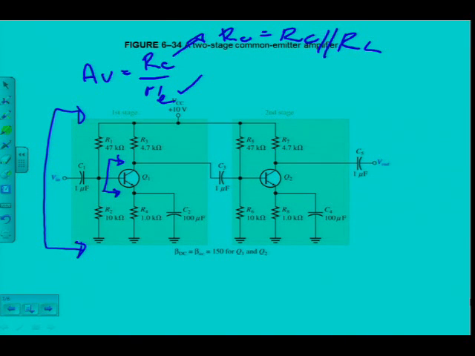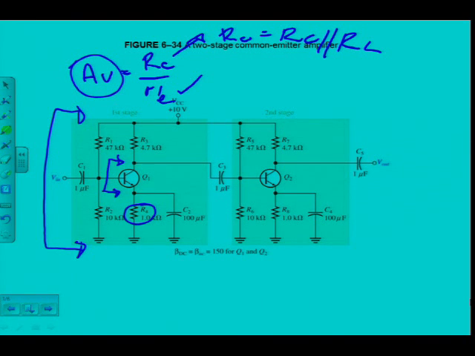The very first thing, Rin at the base. What was Rin at the base for this specific type of amplifier? We're talking AC signal. Remember, I want to determine voltage gain, so I'm looking at the AC at this stage. What was it? Beta AC times R accent E, because there's no RE. It's been bypassed. You agree with me on that?